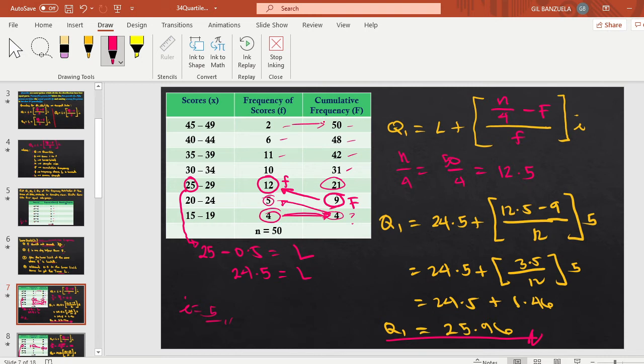The number of sample, which is 50, and the cumulative frequency at the top must always be equal.